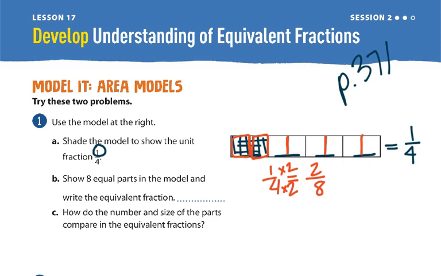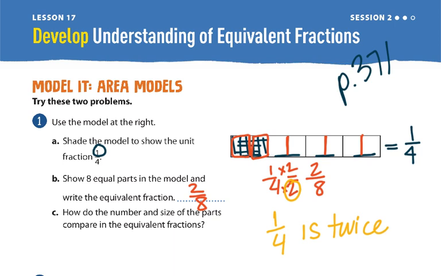Okay? So 2/8 is the answer. How did that go? Great. How do you know the number and size of the parts compare in the equivalent fractions? How do you know? Well, because I times it by 2, I can say that 1/4 is twice.